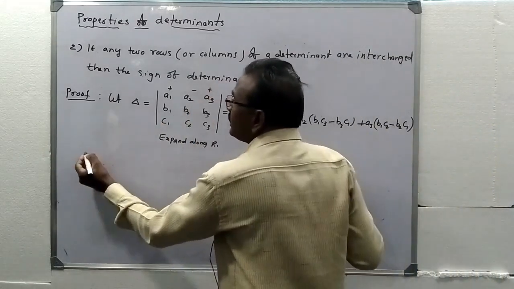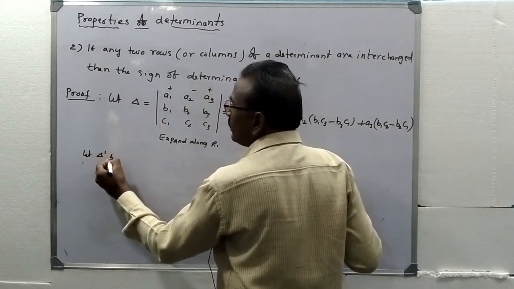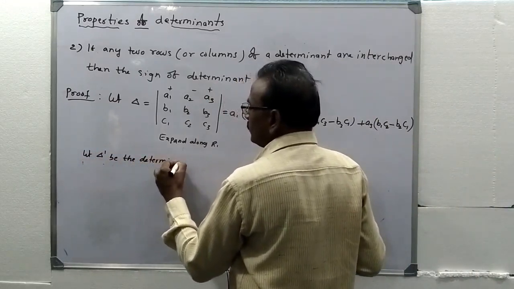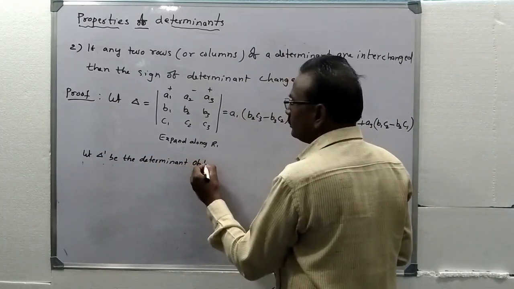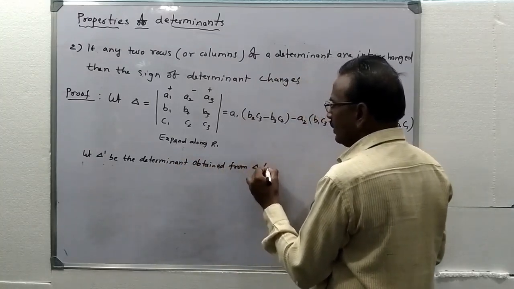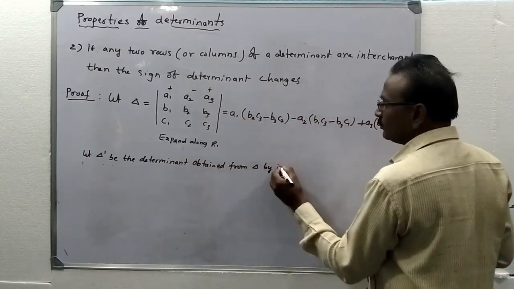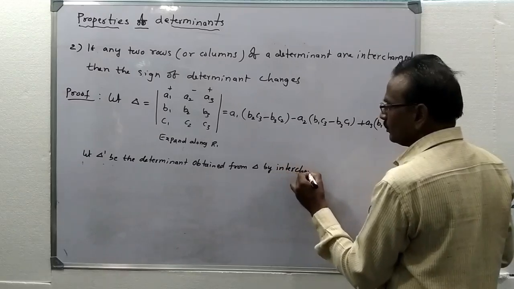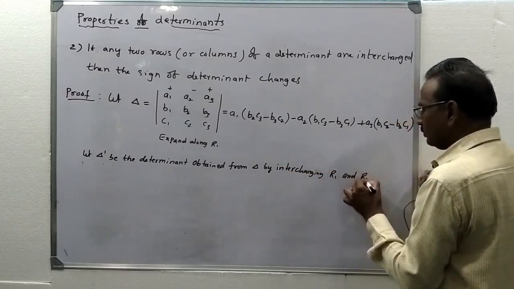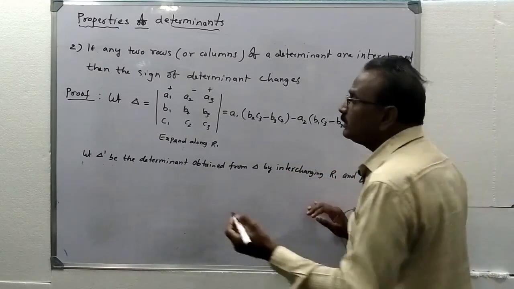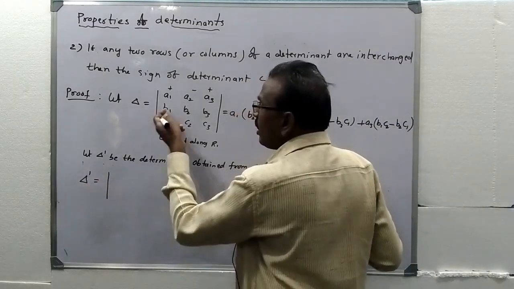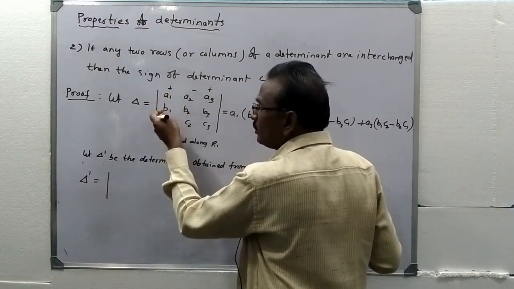Next, let delta dash be the determinant obtained from delta by interchanging R1 and R2. That means R1 becomes R2, R2 becomes R1.